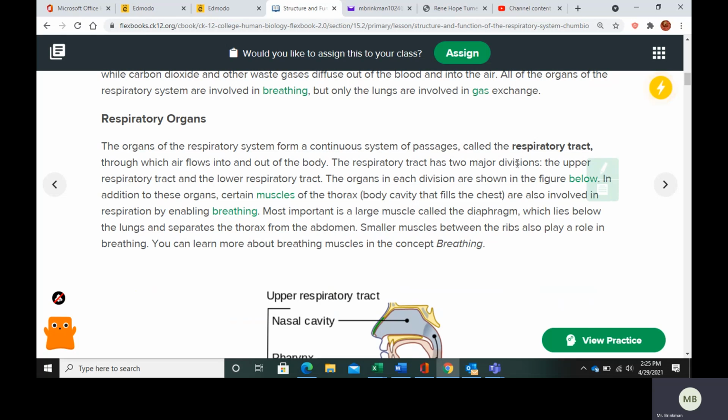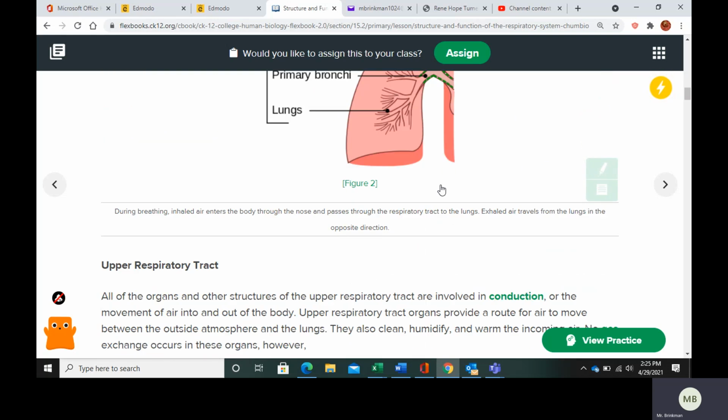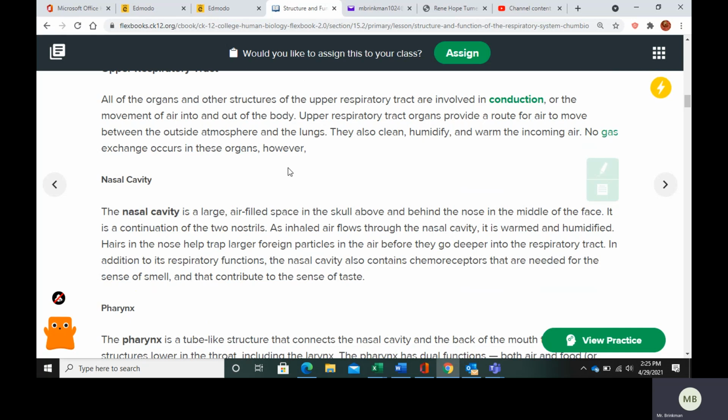It has two major divisions, the upper respiratory tract and the lower respiratory tract, and each has certain organs associated with it that we will go over. All of the organs in the upper respiratory tract are involved in conduction, or the movement of air into and out of the body.